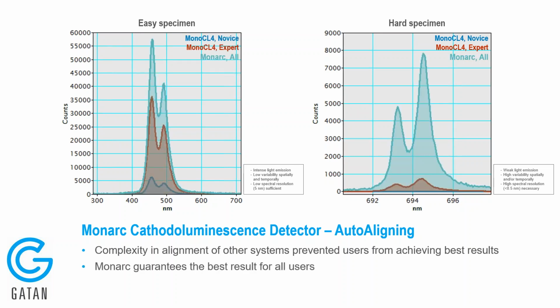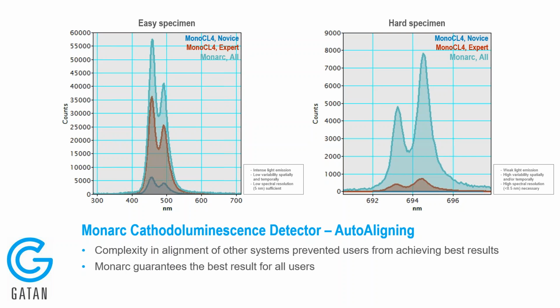And by doing that on all specimens, the Monarch system automatically aligns itself, delivering much, much greater precision in its alignment, even than an expert operator, even better than I was able to do myself, despite using these systems for 20 years. And this allows us to collect and detect many more photons than we were able to do previously.